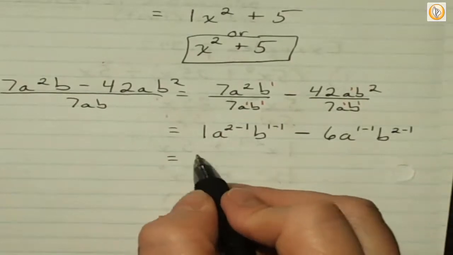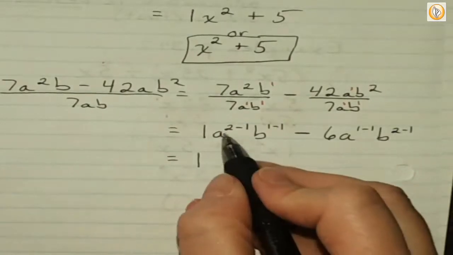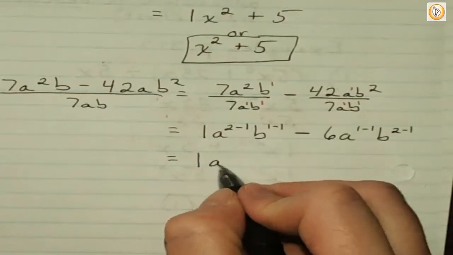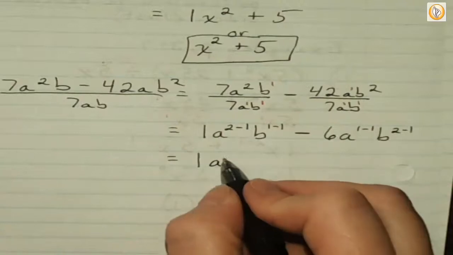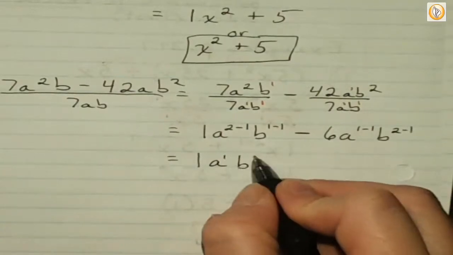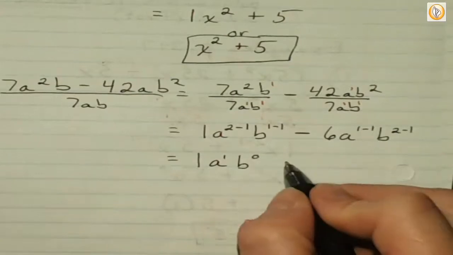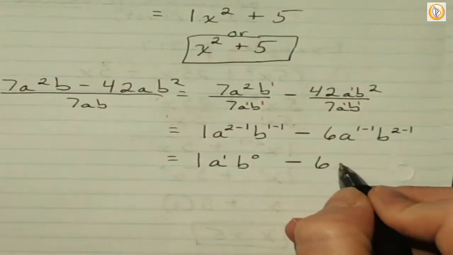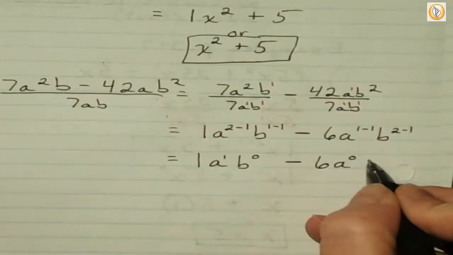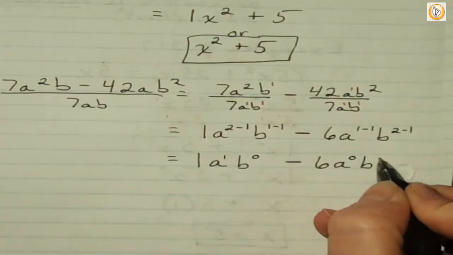So I'm going to bring down my 1. 2 minus 1, a, 2 minus 1 is just 1, or just a. Yeah, a, we can even say 1, it's okay. And then b to the power of 0, minus 6, a to the power of 0, and then b to the power of 1. Okay.